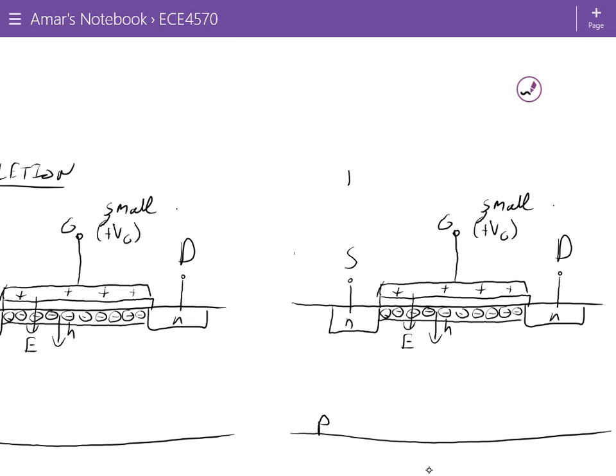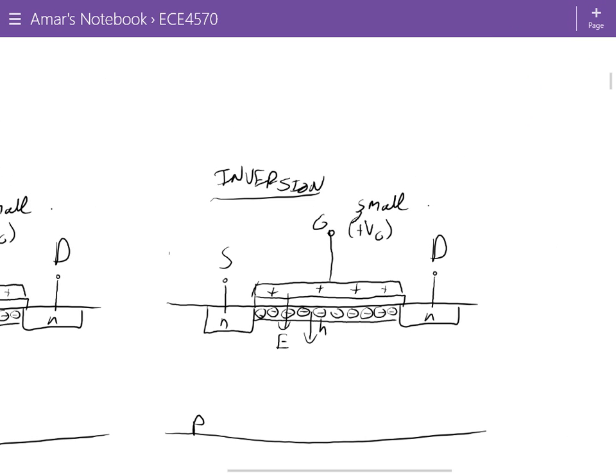All right, so inversion. Inversion we already understand very well. I'm just adding it for the sake of completeness. We apply a large VG here, right? Something that's greater than the threshold voltage. So VG is greater than VT.